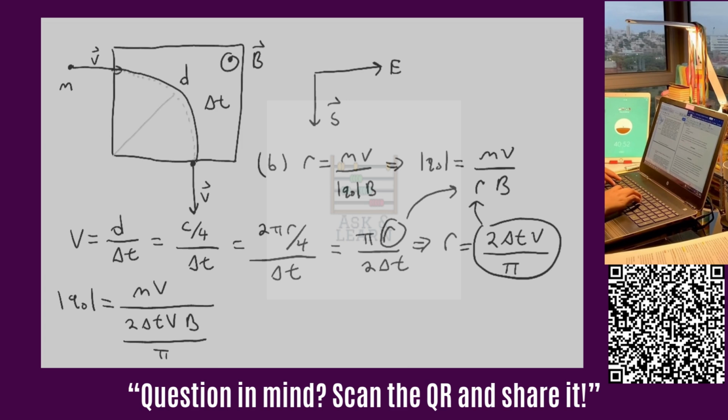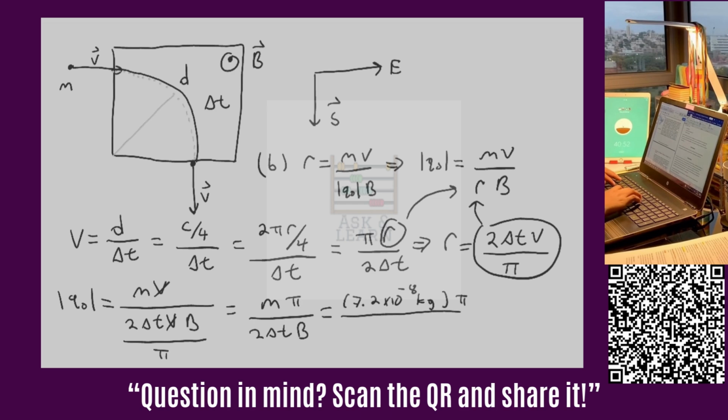Now, when I do some simplification, I see the velocity goes away, and I get m times pi divided by 2 delta t times the magnitude of the magnetic field. That is going to give us the value of the charge of our particle. So we plug everything we know into here. We have the mass of our particle, which is 7.2 times 10 to the negative 8 kilograms. Pi is pi.